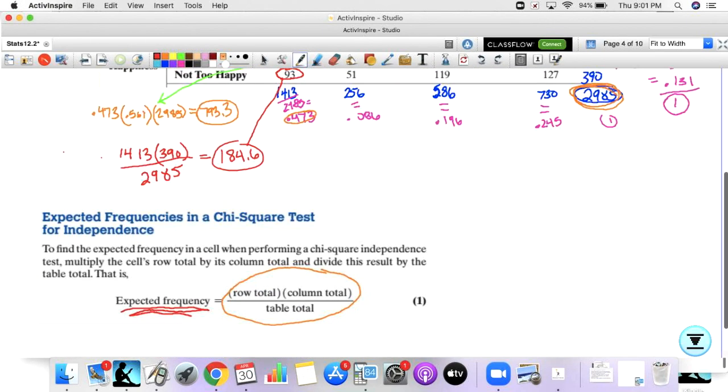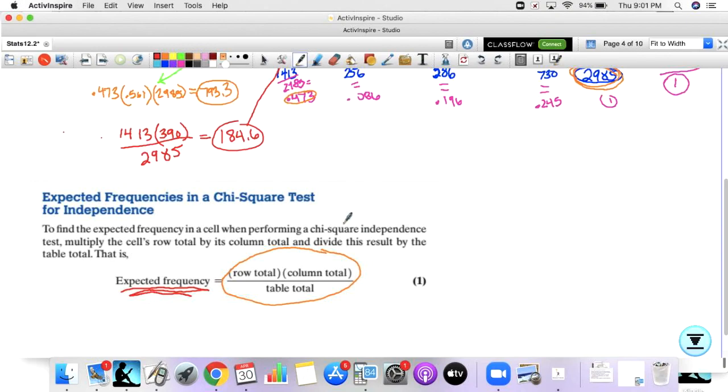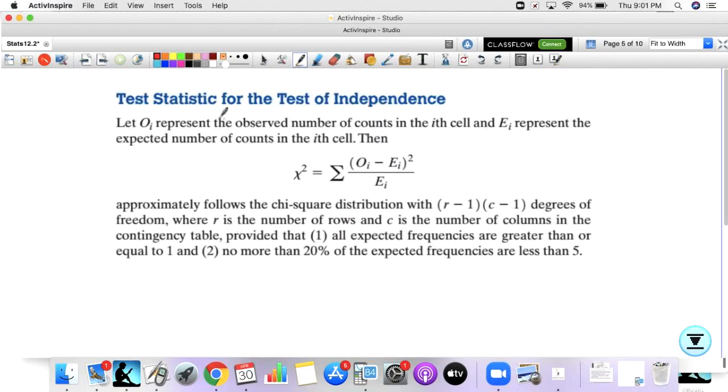If you think back to what we did last lesson, we had expected outcomes, we had observed outcomes, right, or observed frequencies, and it's going to work exactly the same, okay? In fact, our test statistic for our test of independence is literally chi-squared. It's the exact same calculation, okay, that we would do for each member in each of the cells, okay?